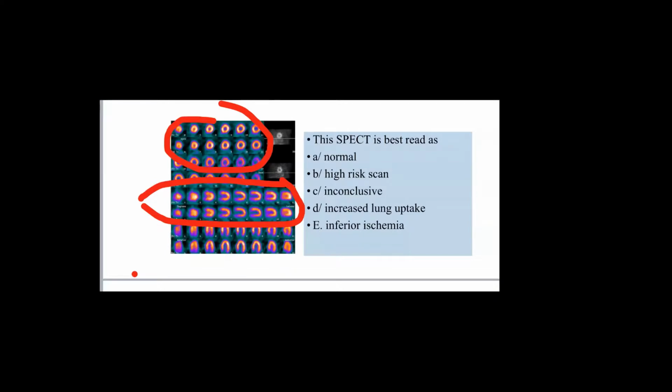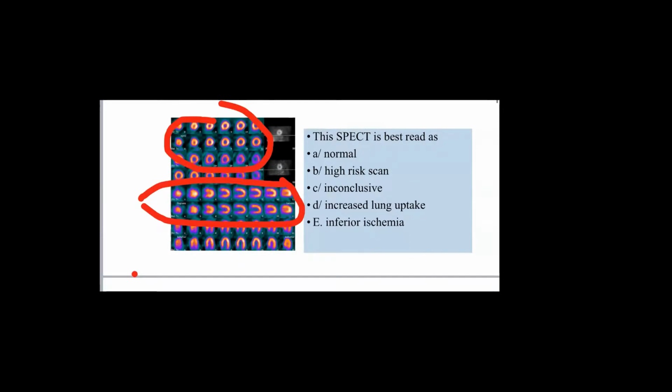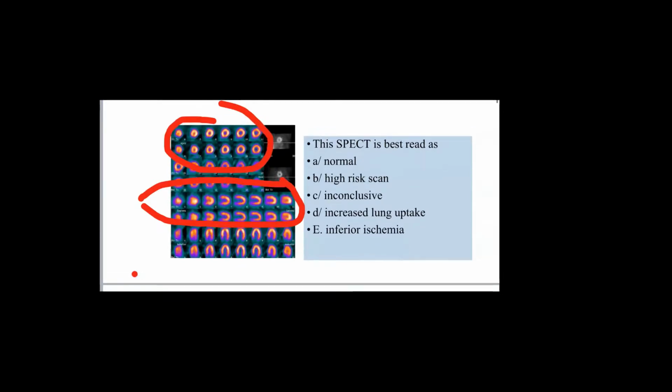Vertical long axis, and the one below is the horizontal long axis. Okay, so in this formatting, you are going to see all segments of the heart, 17 segments or 16 segments. You are going to see them here. So this is a normal scan.